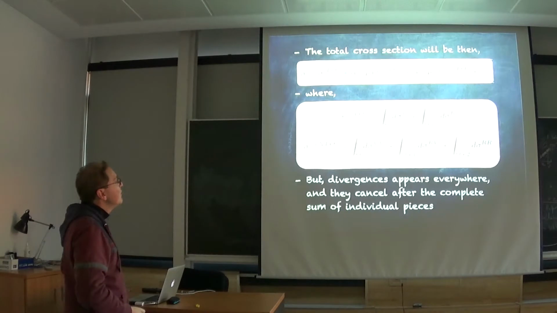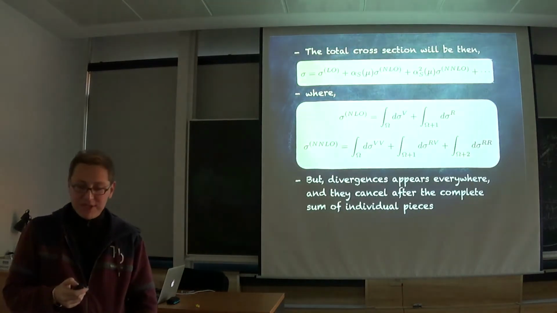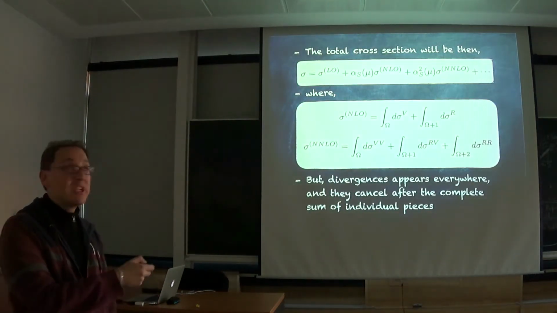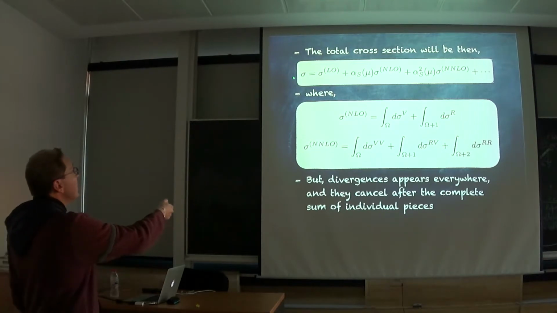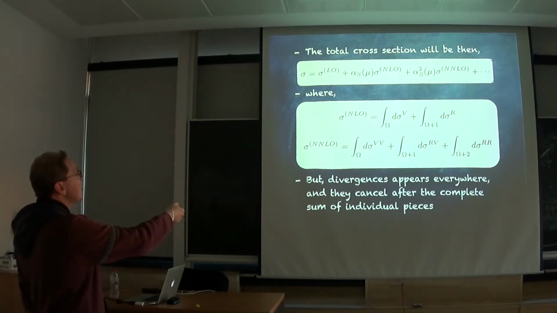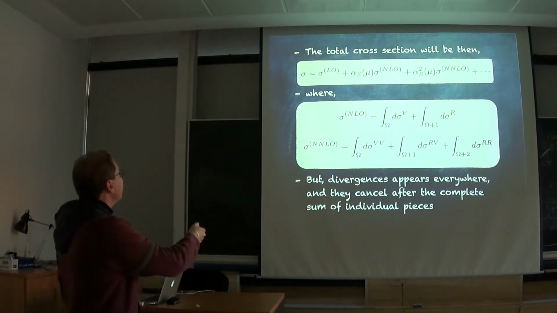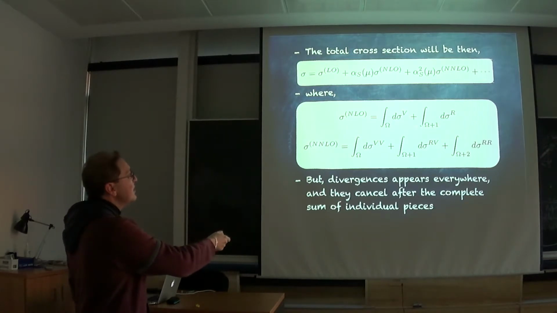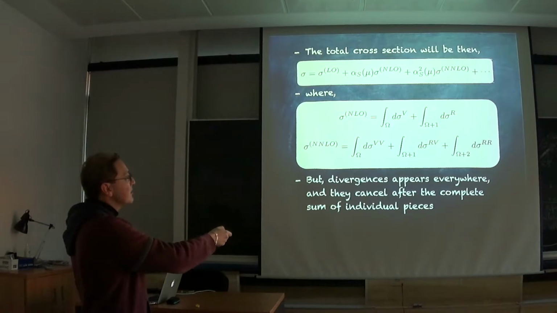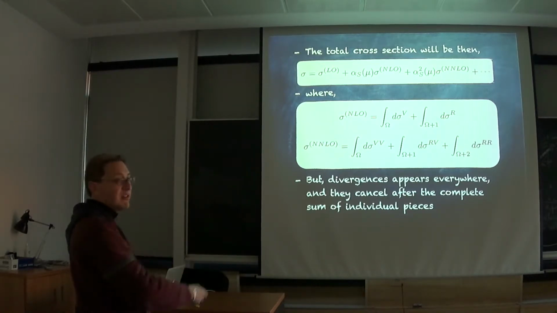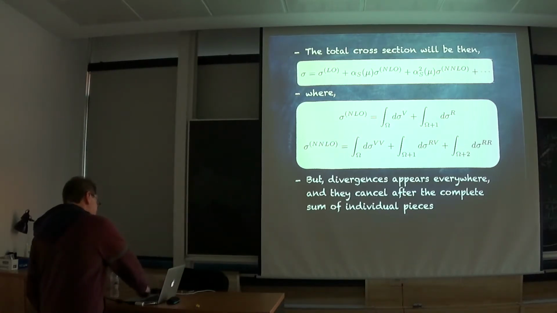So if you want to give the total cross section, then the cross section will be the sum of the leading order piece plus the next to leading order piece and the next to next to leading order piece, and so on and so forth. Where the next to leading order piece will be the integral over the virtual correction plus the integral over the real correction.